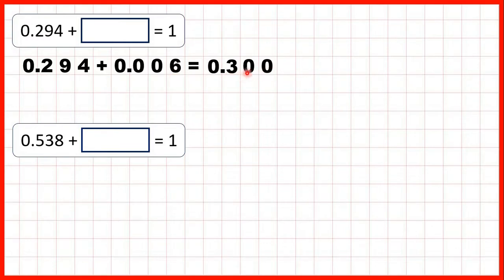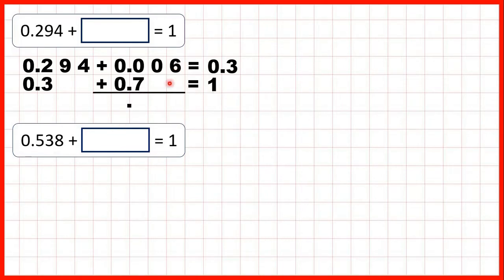But we don't usually write zeros on the end of decimals, so we have 0.3. Now from 0.3, if we add 0.7, that gives us 1.0, which is the same as 1 whole.